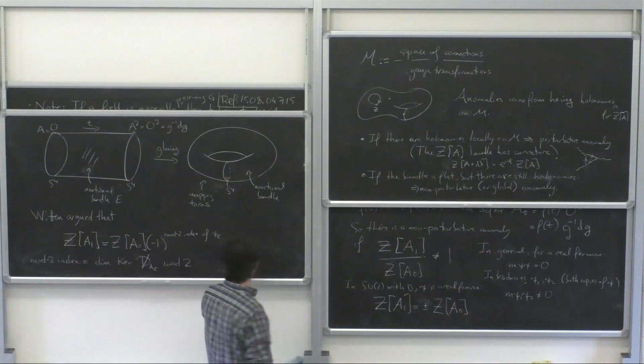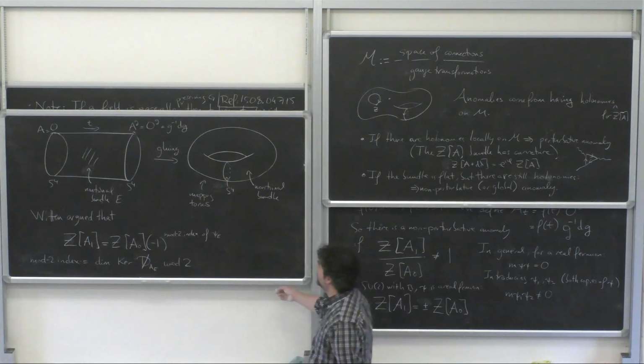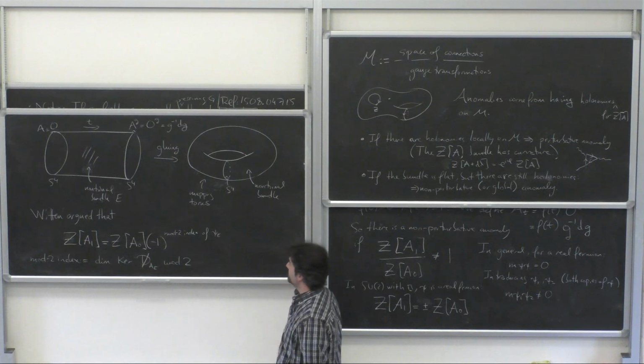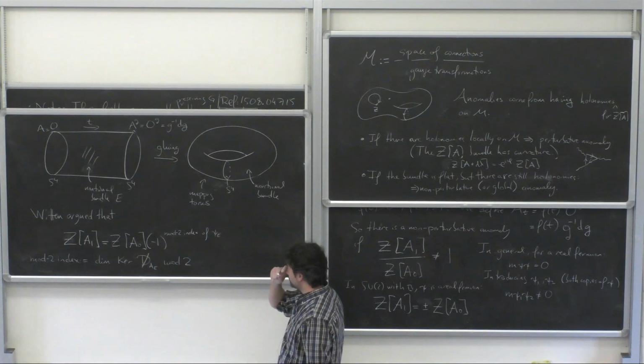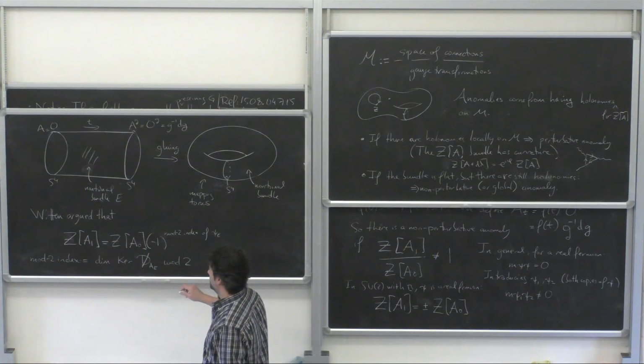So we'll see this generalized when we start studying the dai-free picture of anomalies, which is very much inspired by this. But this is what it is in general.